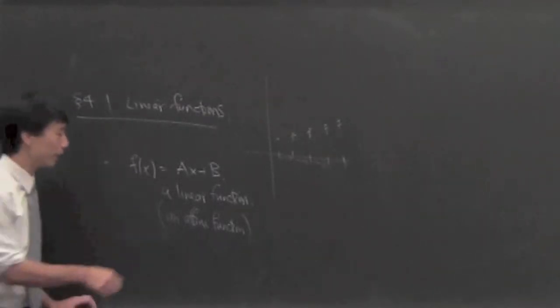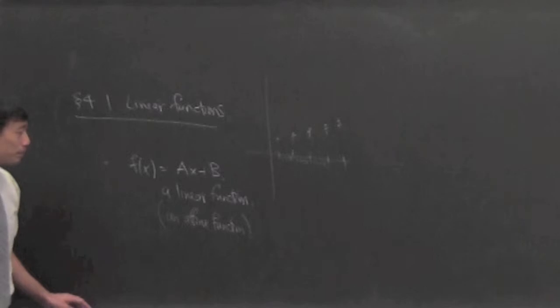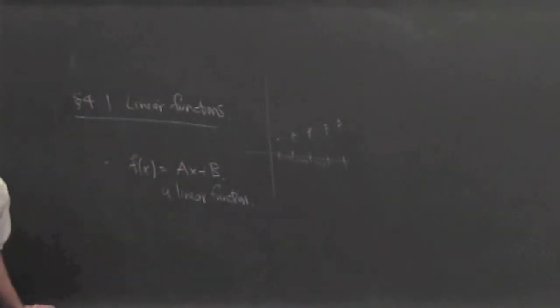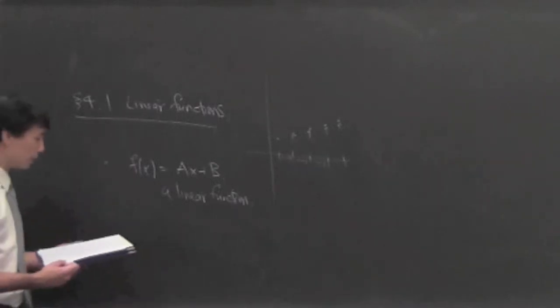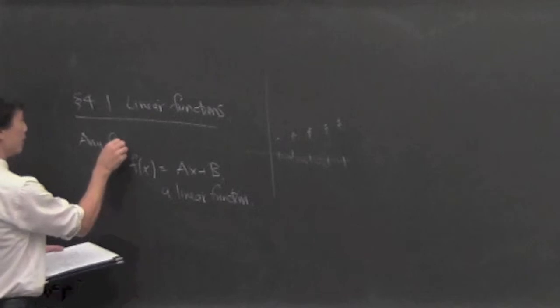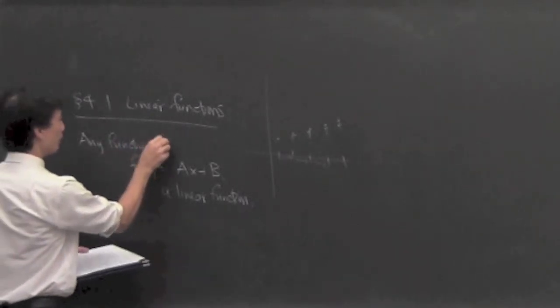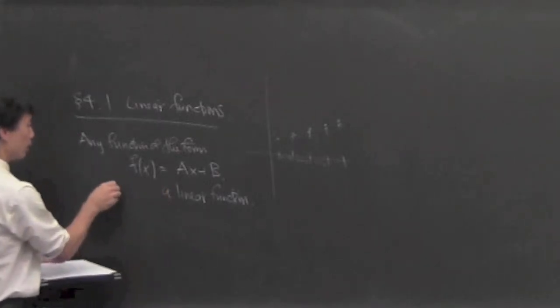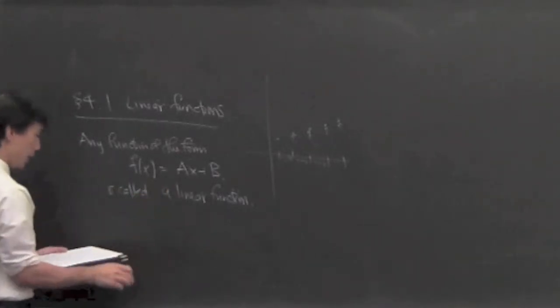We call such a thing affine. But we can call it linear. It's not unreasonable to call it linear because it's line-like. So any function of the form f equals ax plus b is called a linear function.